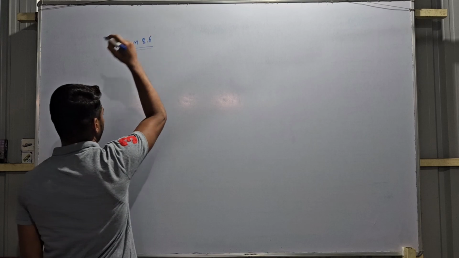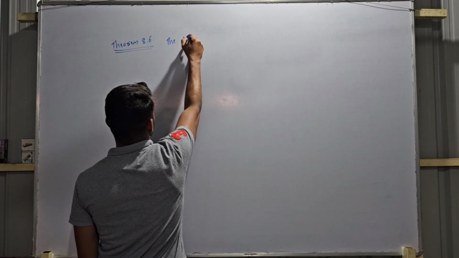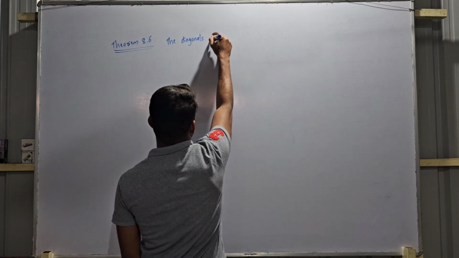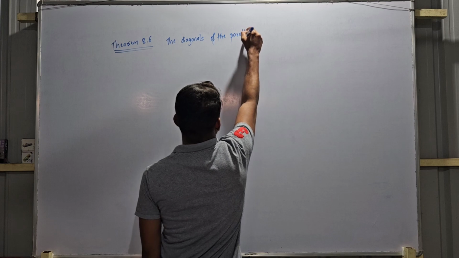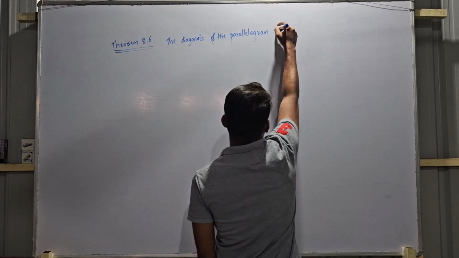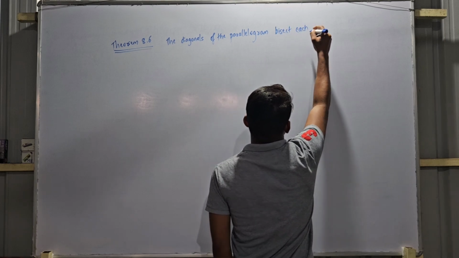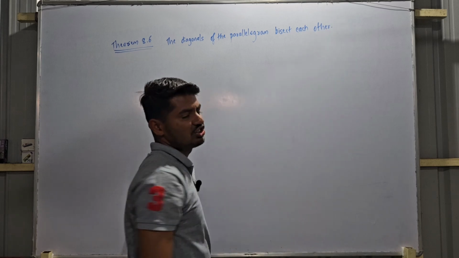The statement of theorem 8.6 is based on the diagonals of the parallelogram: the diagonals of the parallelogram bisect each other.